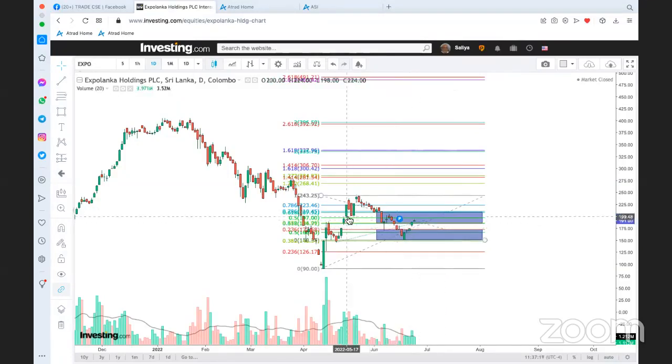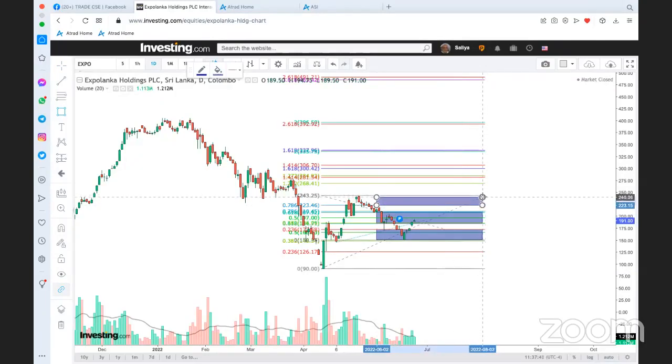Right. So over here you have this area, this level as supports, these levels as resistance, testing that support, which turned into resistance, right? So that level is there. So you can basically make use of this to this.